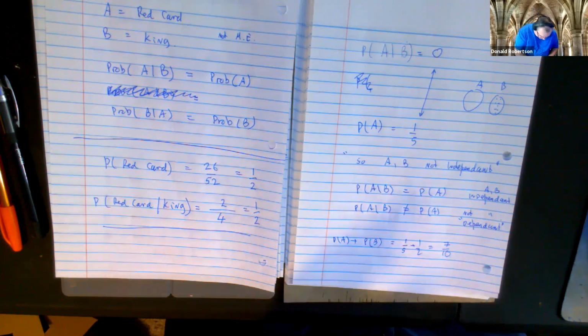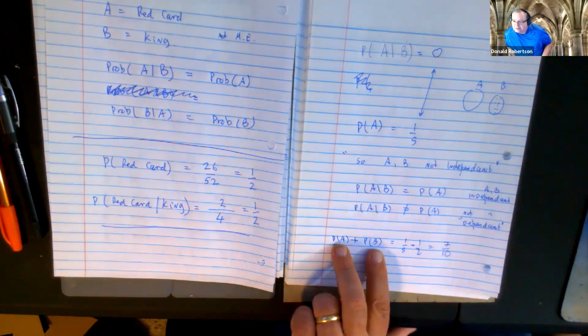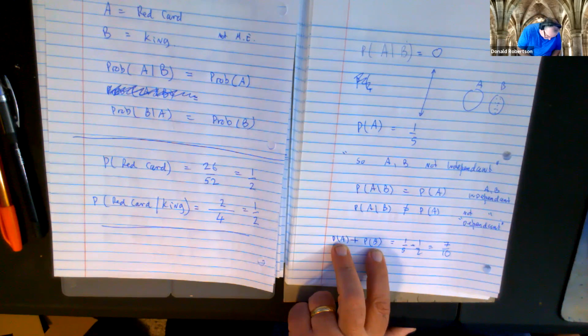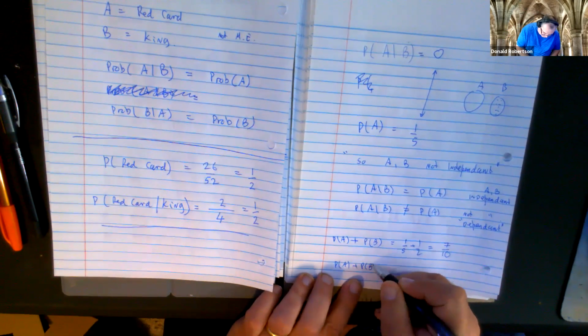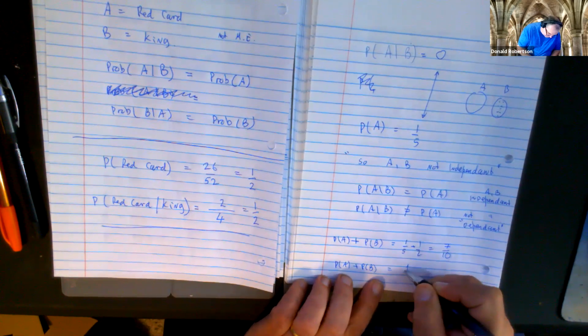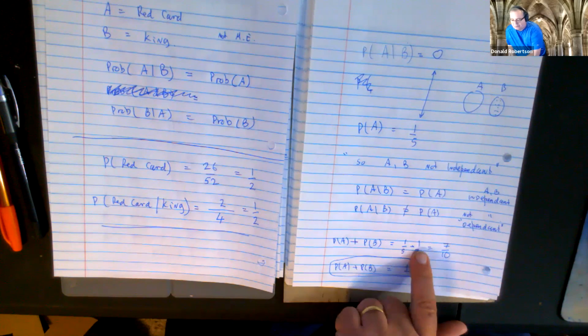So if these two events were complementary, right? What would the value of P of A plus P of B be? Well, if they were complementary, don't they always add up to 1? Yes. Don't these two not add up to 1?